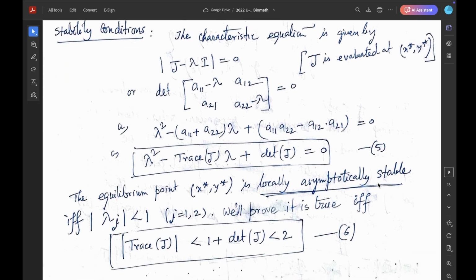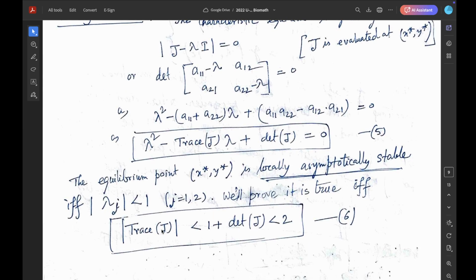Equation 5. The equilibrium point x star y star is locally asymptotically stable if and only if modulus of lambda is less than 1. That means modulus of lambda 1 less than 1 and modulus of lambda 2 less than 1. The condition is that modulus of trace J is less than 1 plus determinant of J, less than 2.